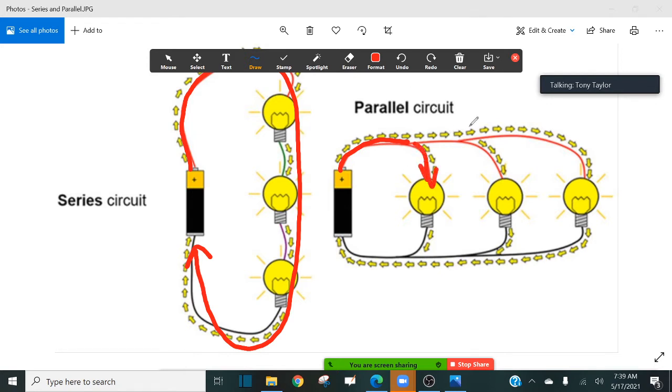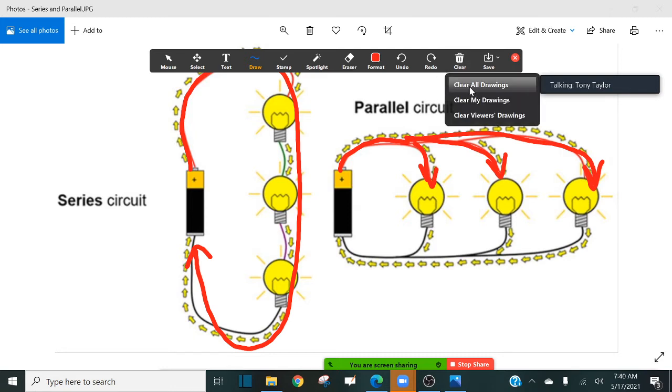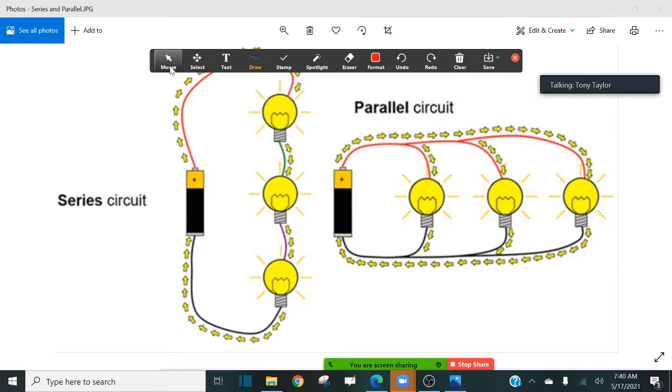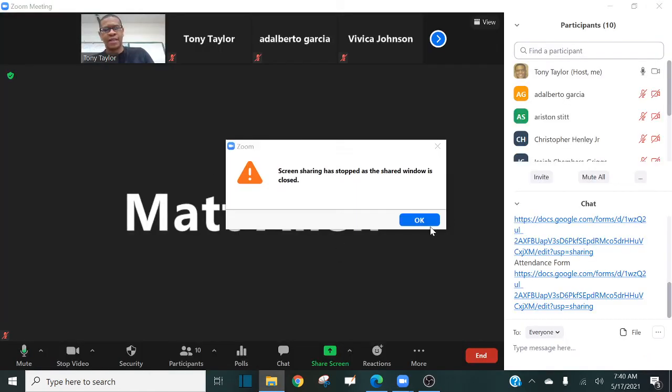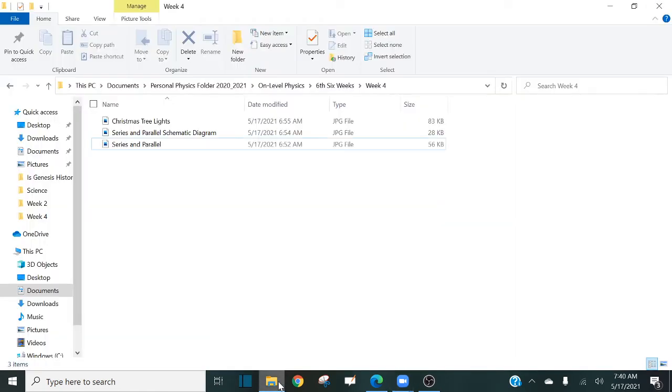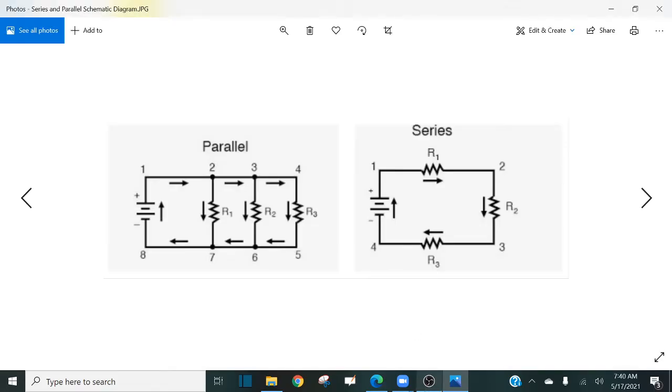Some of them flow like this, some of them flow like this, and then some of them flow like this. Okay, so we can have more than one path whenever the light bulbs are connected in a parallel circuit. I'm going to show you guys a schematic diagram of how this looks. Sometimes whenever you guys see these diagrams in a textbook, you may see something that looks like this.